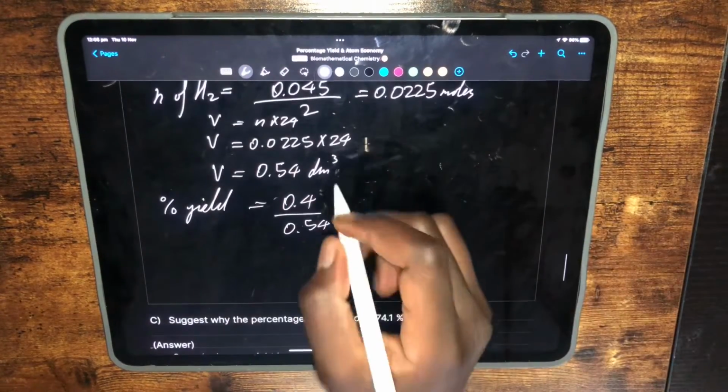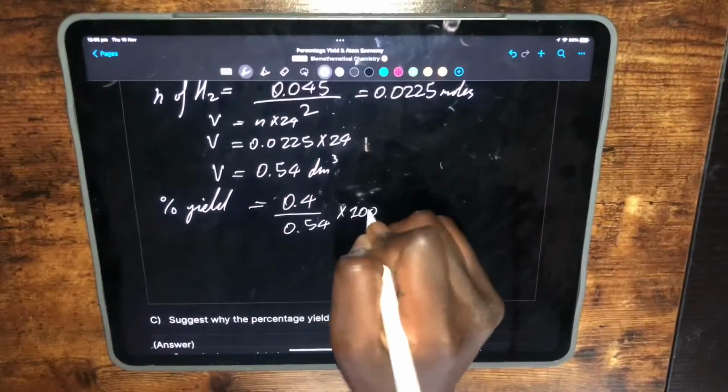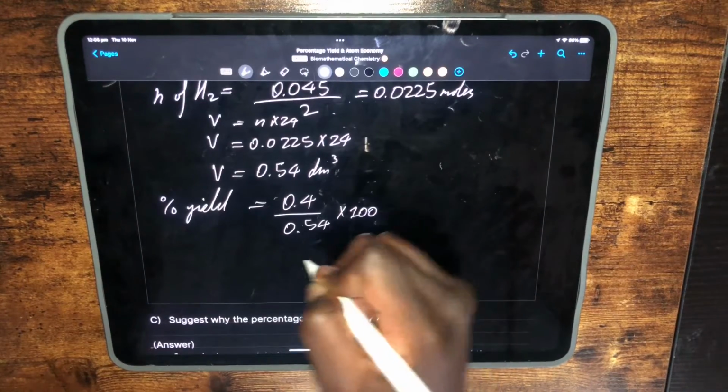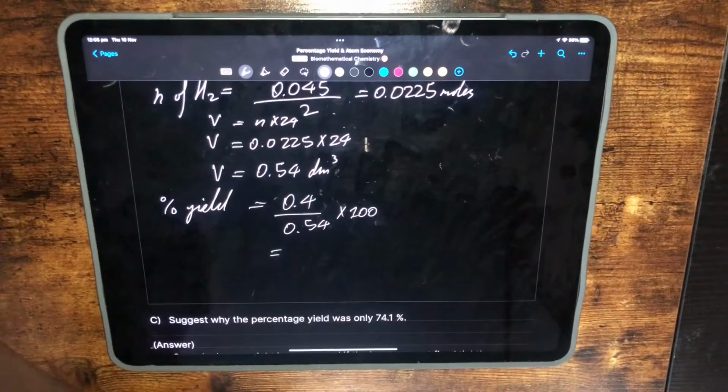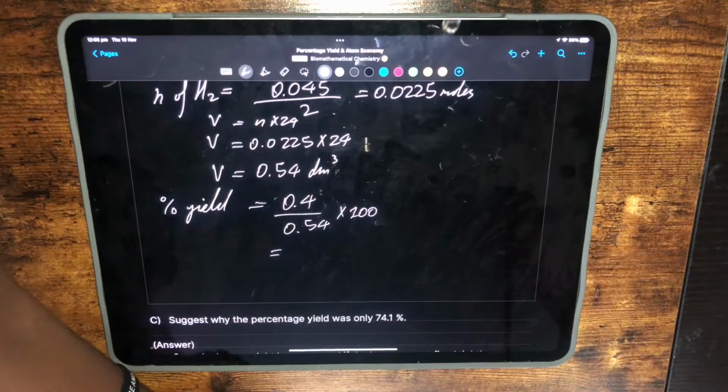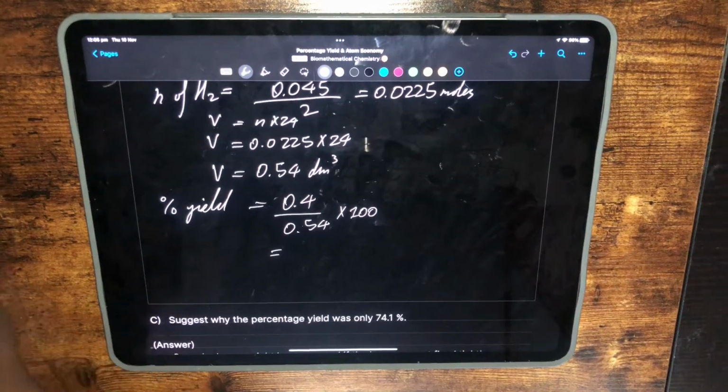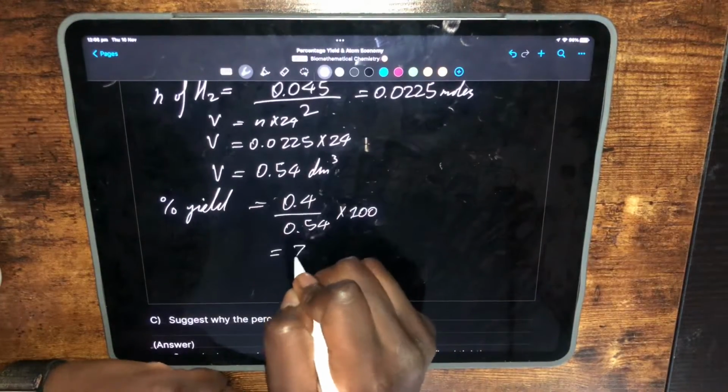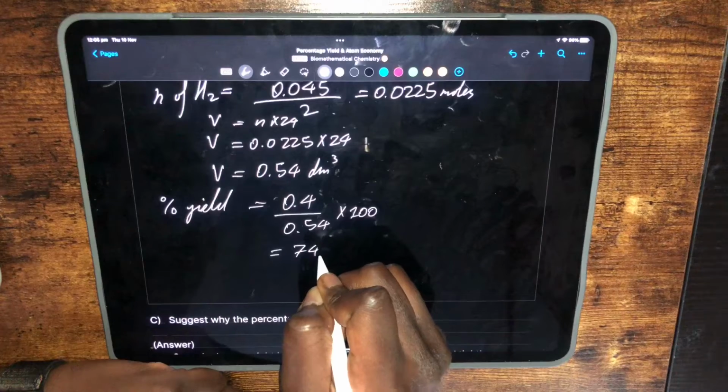So 0.4 over 0.54 times by 100, I'm just trying to be wary of time, is equal to 74.1%.